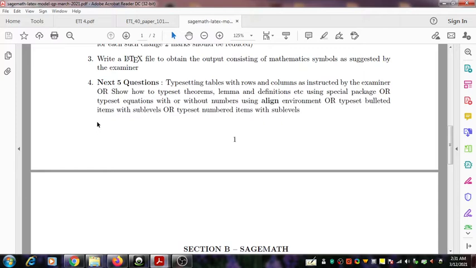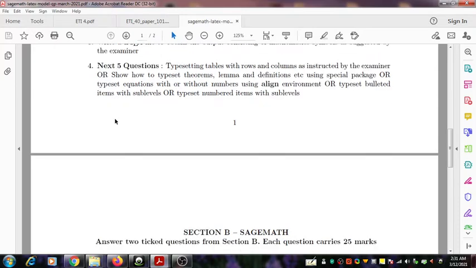The fourth type of question is typesetting tables with rows and columns as instructed by the examiner, or showing how to typeset theorems, lemmas, definitions, etc., using special packages, or typesetting equations with or without numbers using the align environment, and typesetting bullets and items.